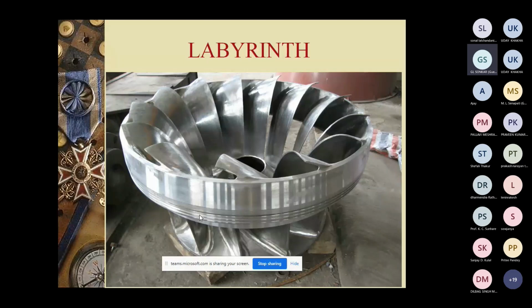In this particular way, we break the energy of the leakage water in the gap between the rotating part and the fixed civil structure, and thereby we can contribute a little bit more to the efficiency of the turbine. This is called the labyrinth.